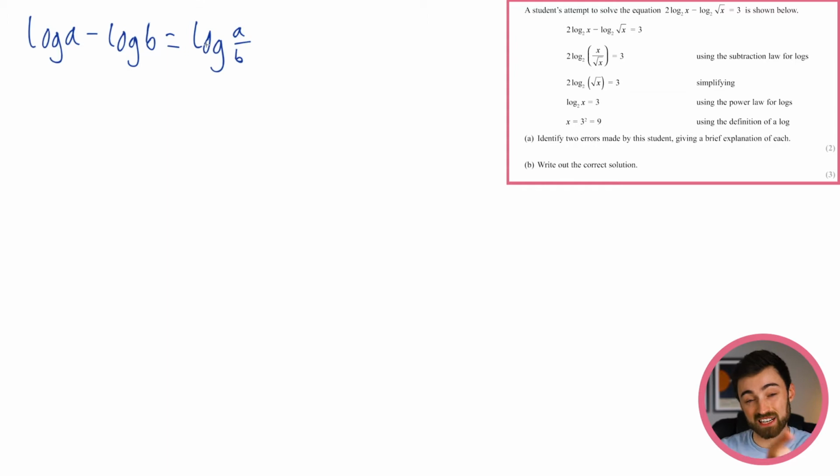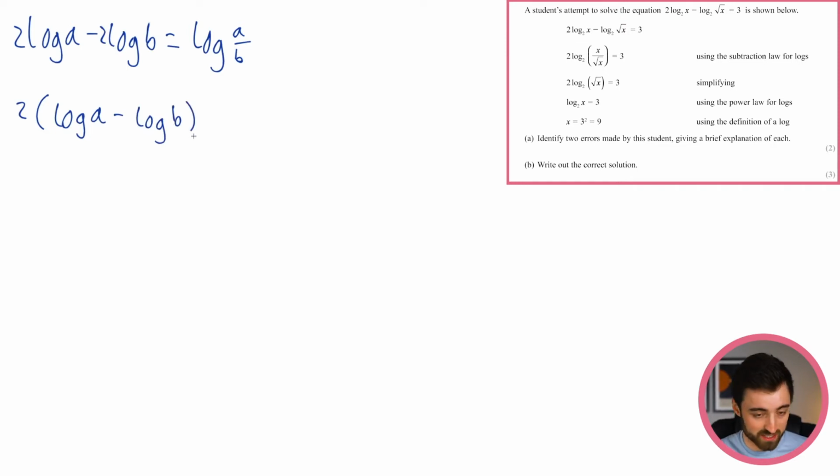At first glance, it looks like they've done that here, but what they've missed out is the fact that the first log has a 2 in front of it, and the second one doesn't. So if I had a 2 here, I couldn't do that, because I've got log a minus log b, but then I've got another log a. If I had a 2 in front of both of them, then I could factorize the 2 out and then use that. But the fact that there's a 2 in front of only one of them, I can't do that.